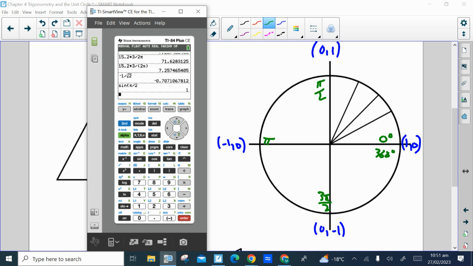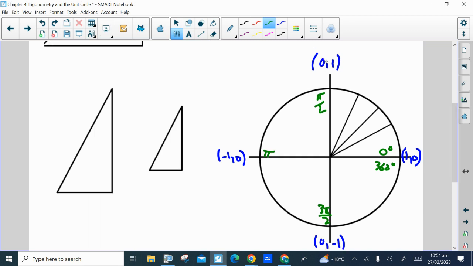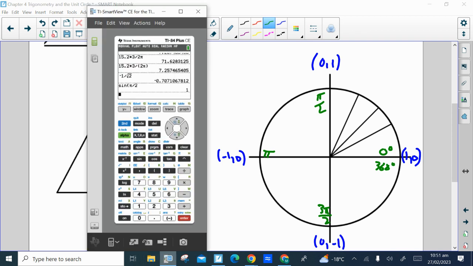And if we put our calculator into degree mode and did the sine of 90 degrees, we'll get the same answer, positive 1, which, notice, that's the y value at this point. When we take the sine of pi on 2, we get an answer of 1, which is the y value up there. What if we do the cosine of pi on 2?